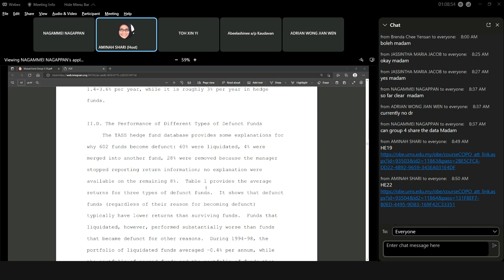At least you dapatkan artikel yang spesifik untuk hedge fund, ada satu artikel yang spesifik untuk commodity fund. Okay, pencarian artikel itu sangat penting untuk you write you punya literature review. I tak tahu apa sekarang progress you, tapi berdasarkan apa yang you dah present sekarang ni, apa yang I boleh conclude adalah you punya searching untuk artikel tu pun masih lemah lagi.